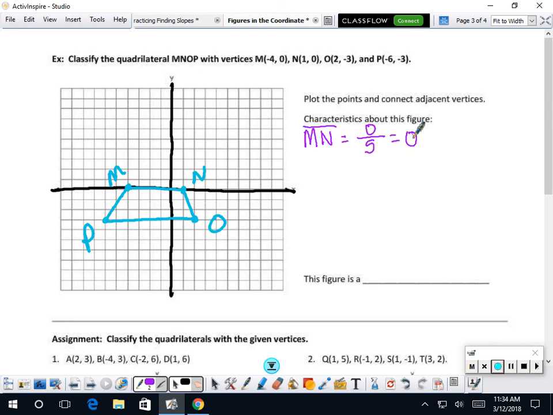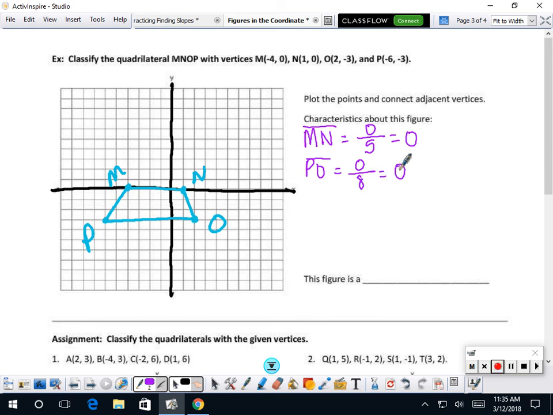All right, I want the slope of the line that is parallel to MN, which would be PO. From the point P to O, again, I am not going to rise any, so that would be a 0. And I'm going to run 1, 2, 3, 4, 5, 6, 7, 8. So I'll run 8.